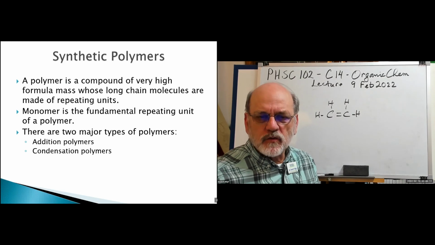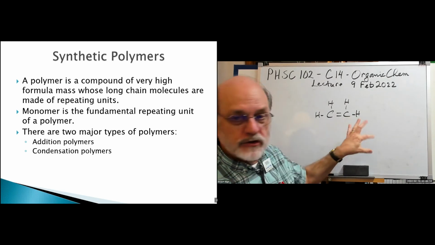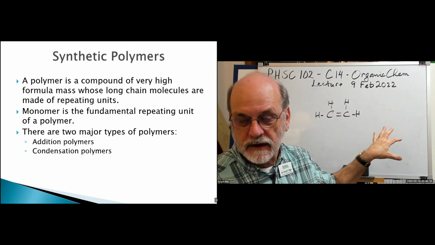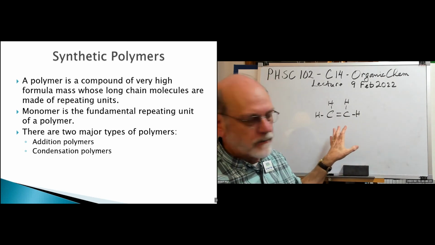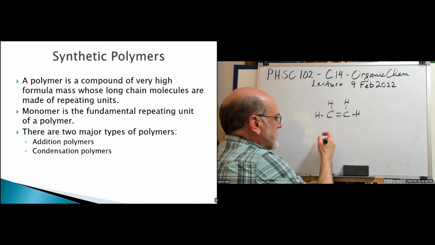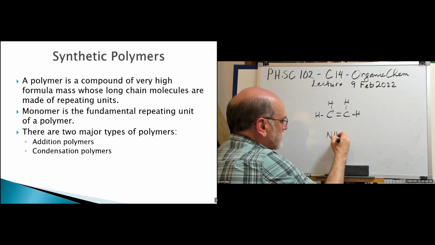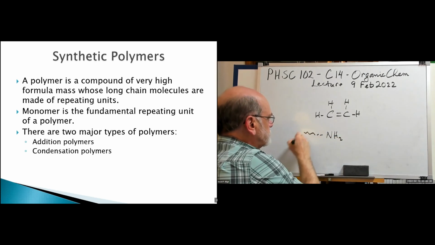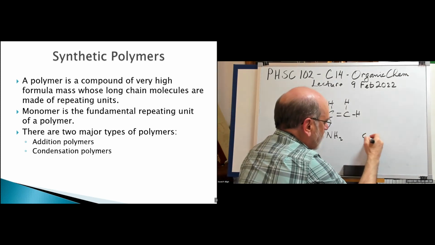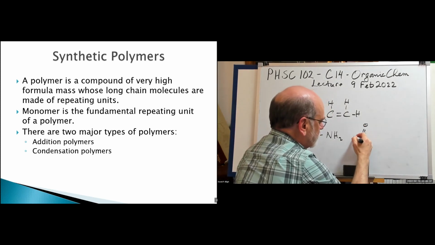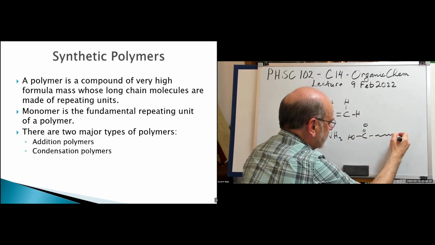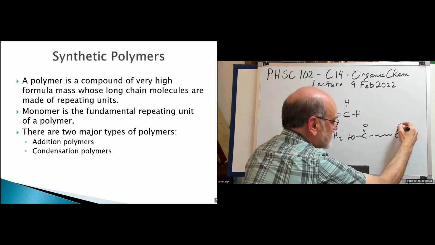Or sometimes we can form polymers from two different monomers. We call those copolymers. So nylon is formed that way. Nylon is formed from a diamine and a dicarboxylic acid.